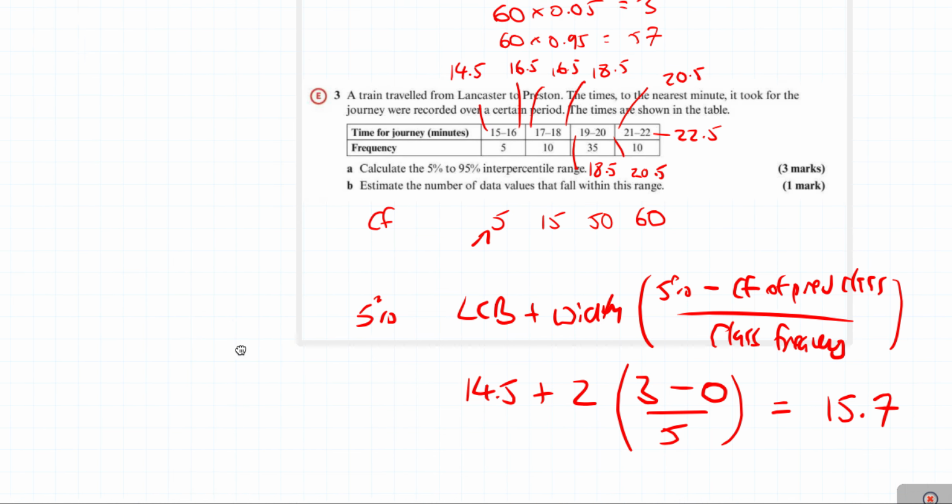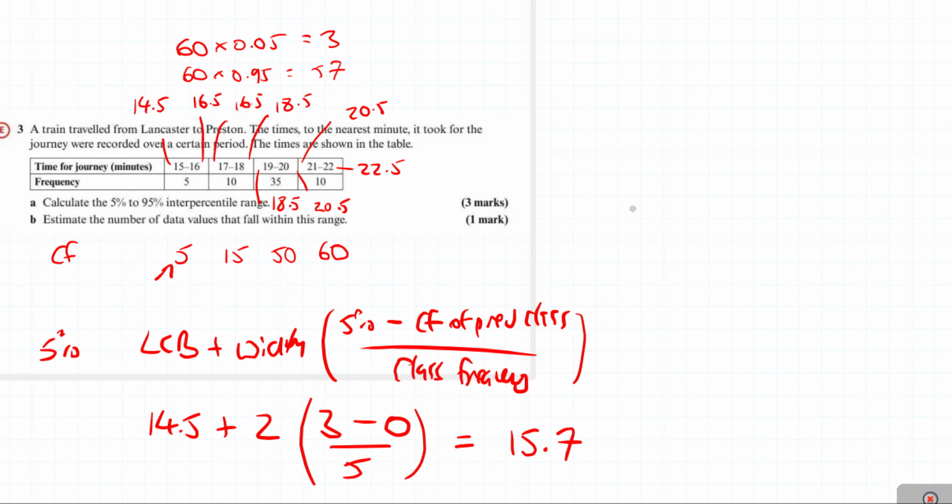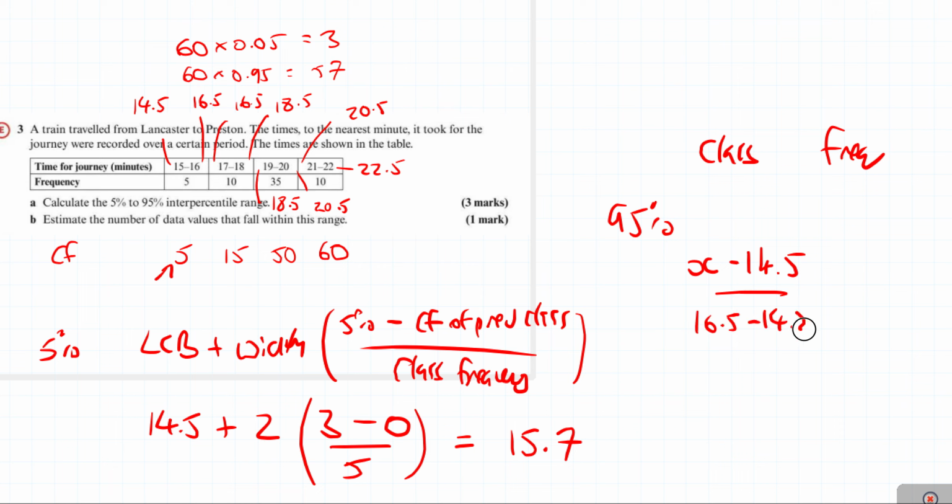Again, you can use this formula to calculate the 95% value, but I will do the ratio method just to show you how that would work. So 95%, again, you make it the class on the one side and the frequency on the other side. So in terms of the class, we're trying to find x, so it's going to be x minus the lower class bound, 14.5, divided by the class width, so 16.5 minus 14.5, which is 2.